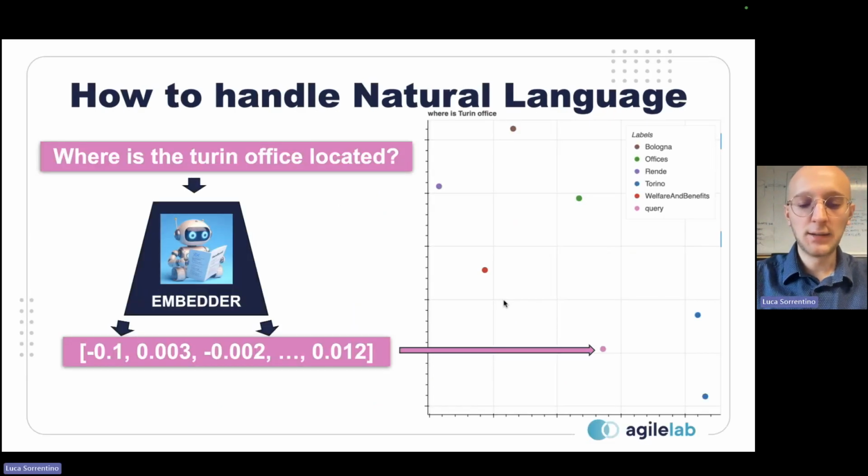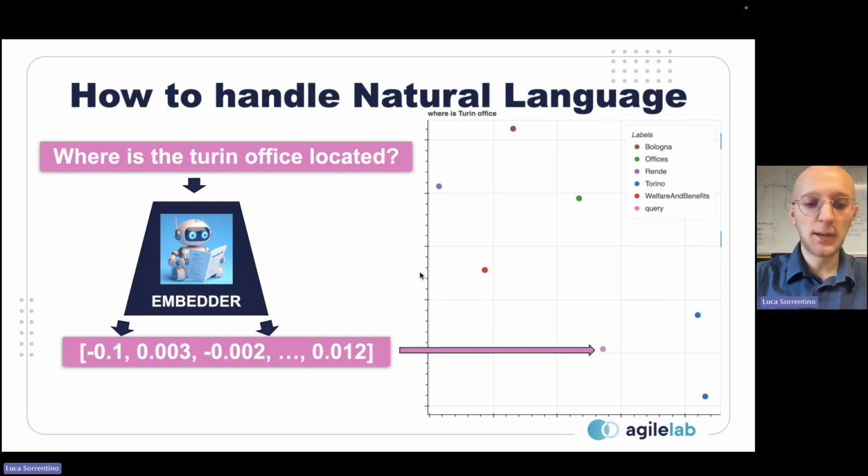What we obtain at the end of this process is that the model is able to map into the semantic space all the sentences and will cluster in the same spot all the sentences with the same semantics. In order to allow you to imagine this process, I created this example where I take a query, a question: where is the Turin office located?